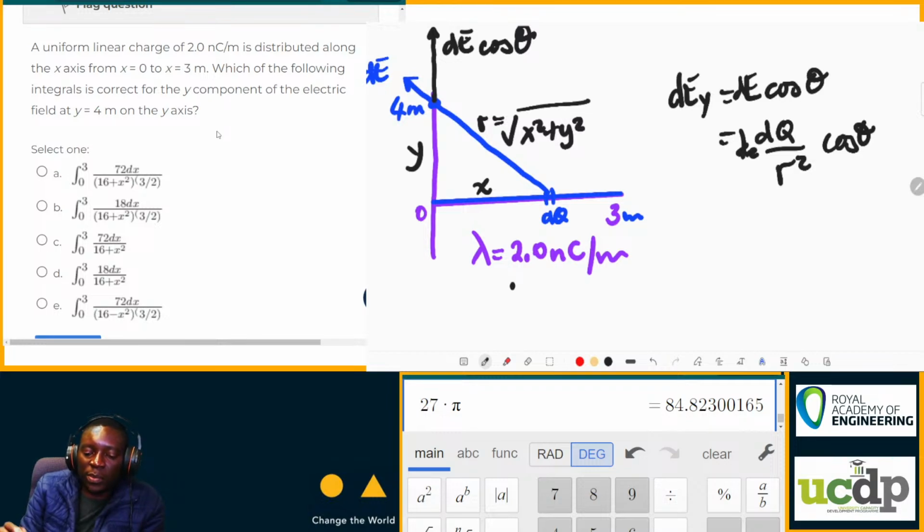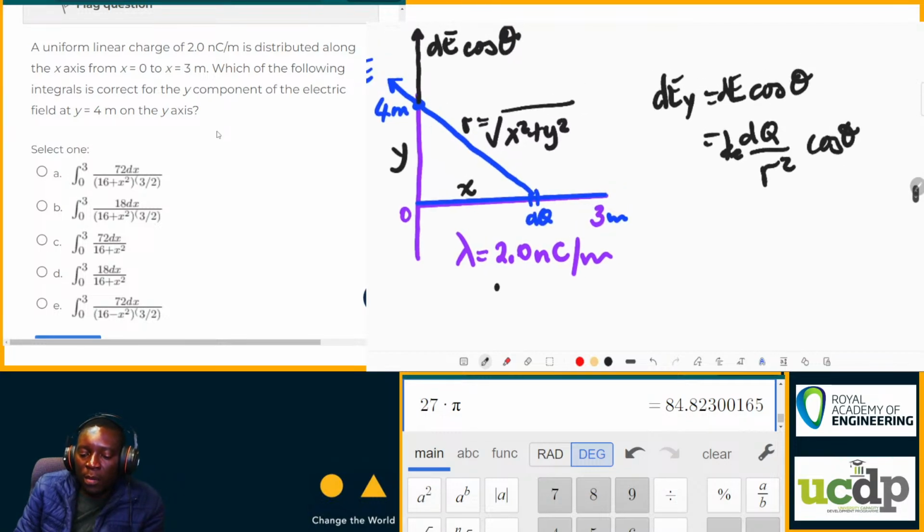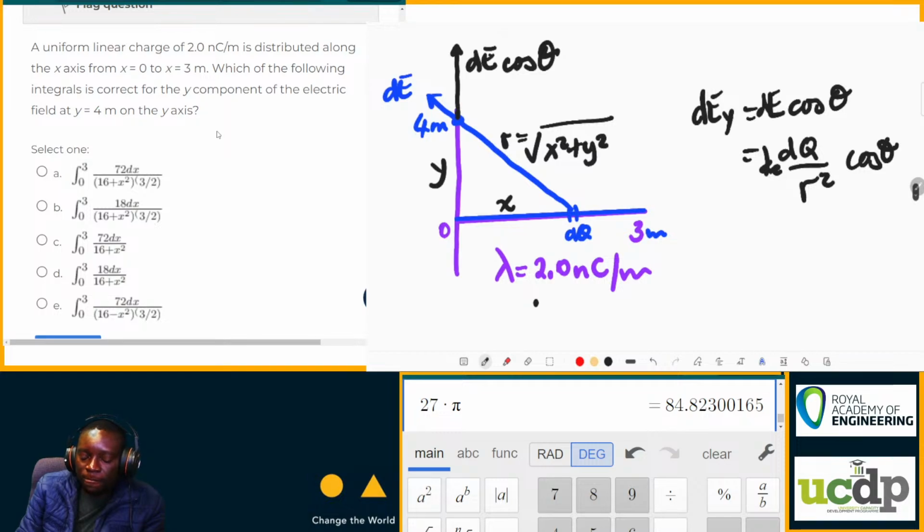The cos theta is there because we're considering that component. Now if this is our theta, what is cos theta? It is adjacent over hypotenuse, which is y over r. So this is Ke dq times y over r, over r squared.